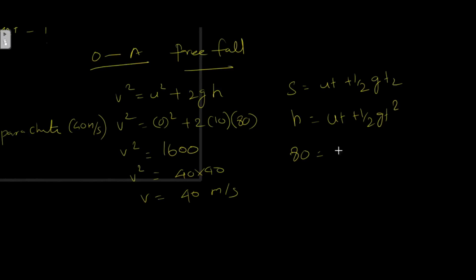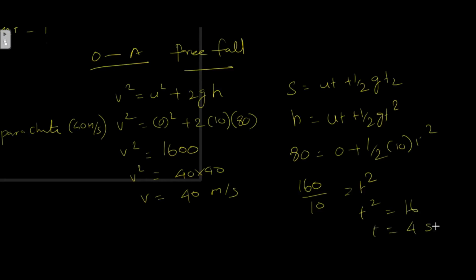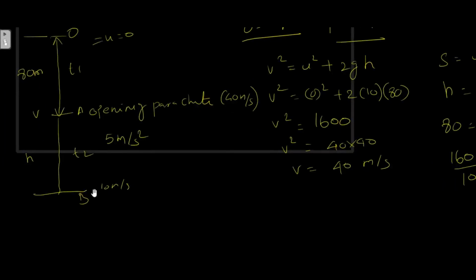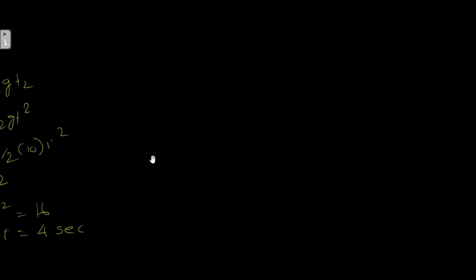So 80 equals half into 10 into t square. So 2 into 8, 16, divided by 10 equals t square. So t square equals 16, t equals 4 seconds. So reaching the velocity of 40 meter by second from free fall takes 4 seconds. Clear? Then we look at the point A to B scenario.